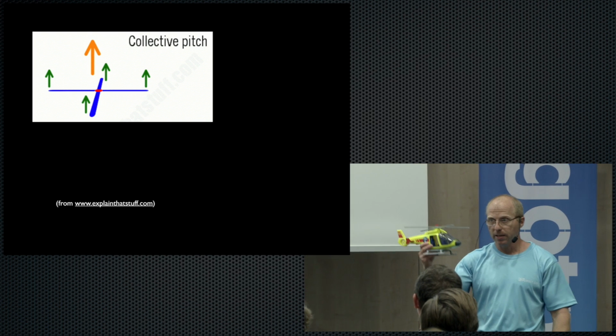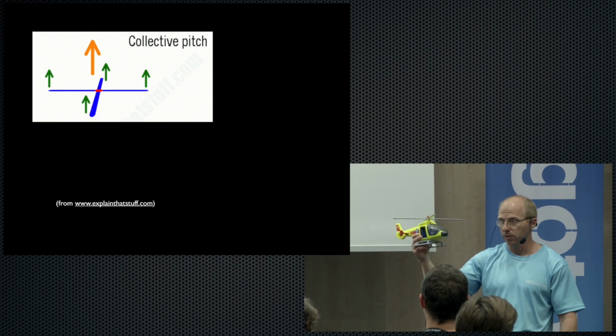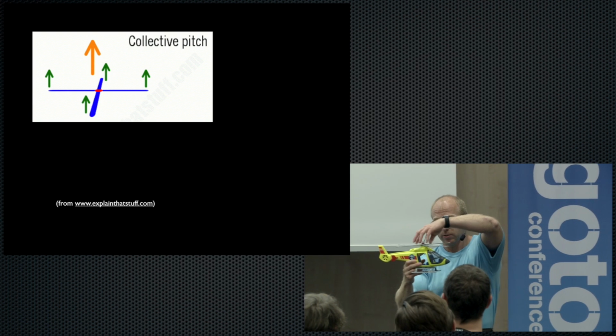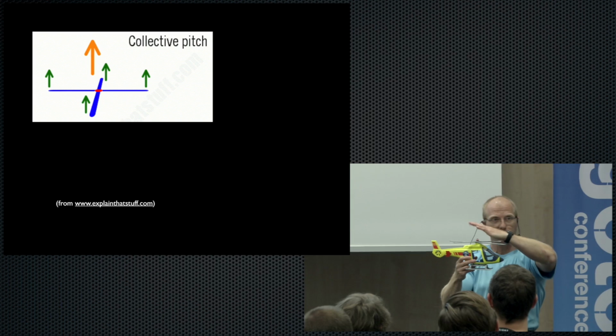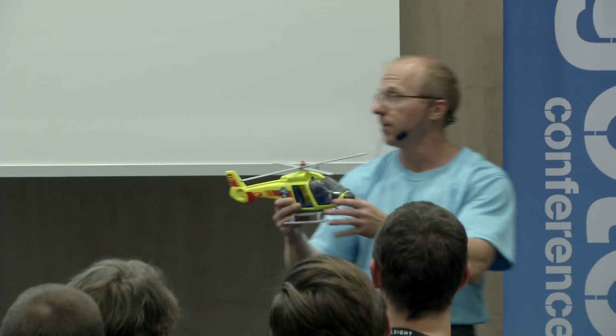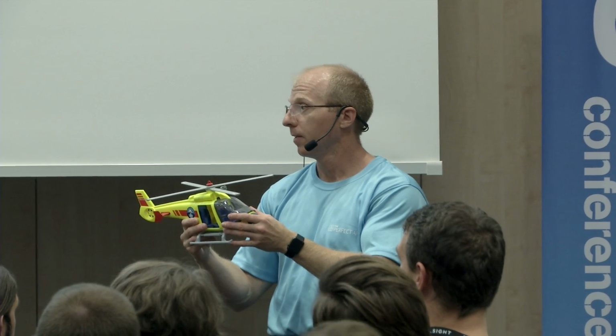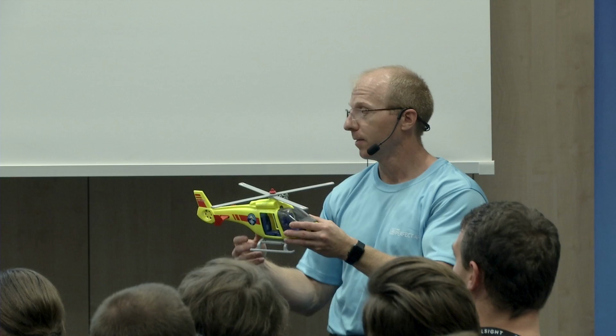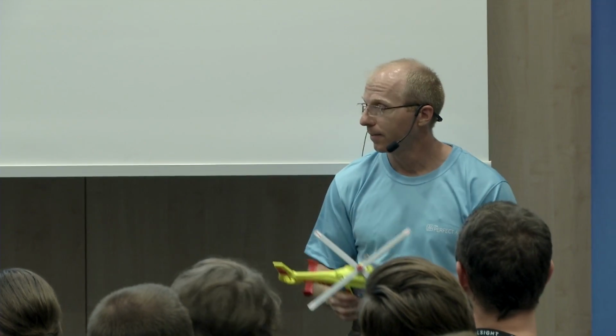Then how does it fly in some direction? Well, most of us think that it just tilts the entire circle here. No, it doesn't. Actually, the swash plate, with wings, at a certain point moves forward.